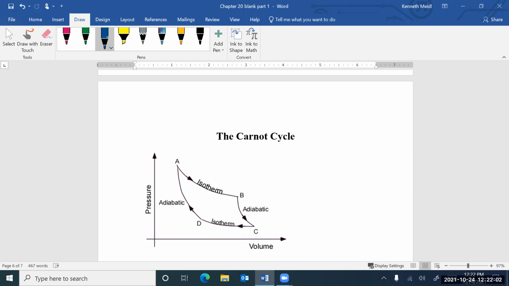So the interior of that cycle is the net work done by the gas. And so he's able to show, through very technical mathematics and so forth, that this is the most efficient design that you can have for a cycle, for some sort of heat engine.